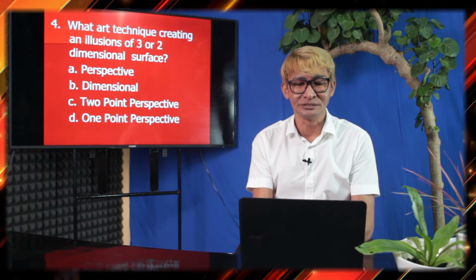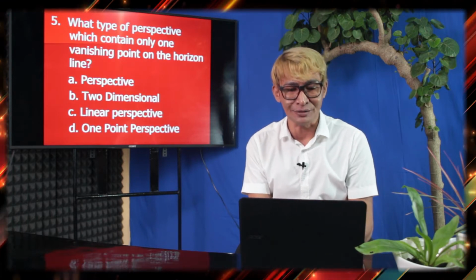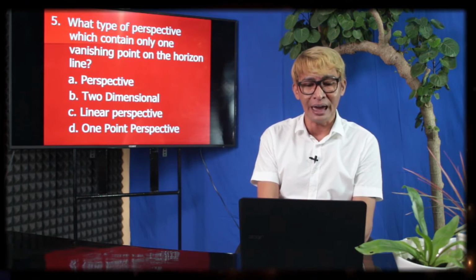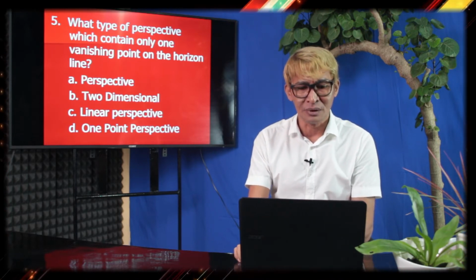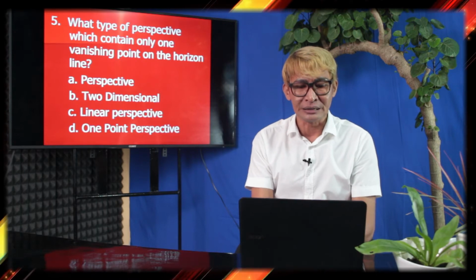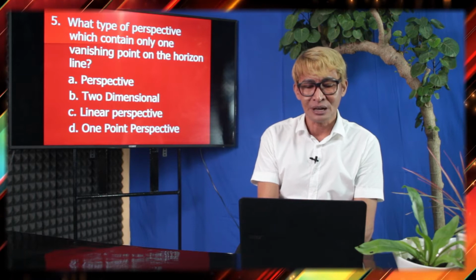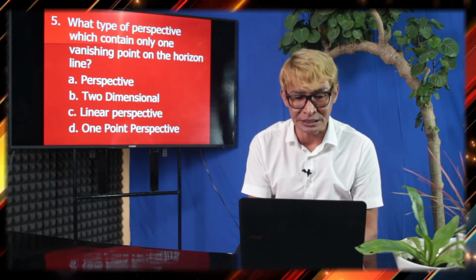Last question. What type of perspective contains only one vanishing point on the horizon line? A. Perspective. B. Two-dimensional. C. Linear perspective. D. 1-point perspective.